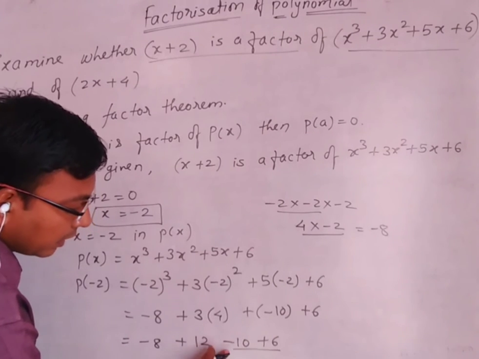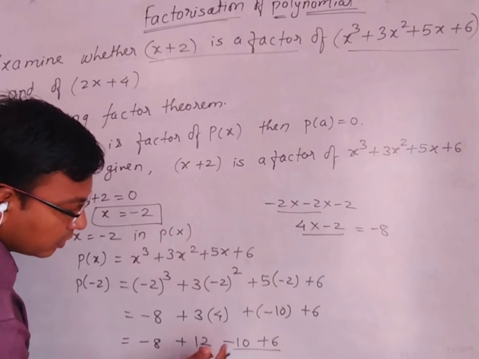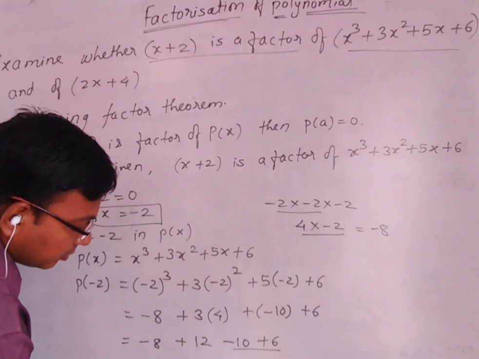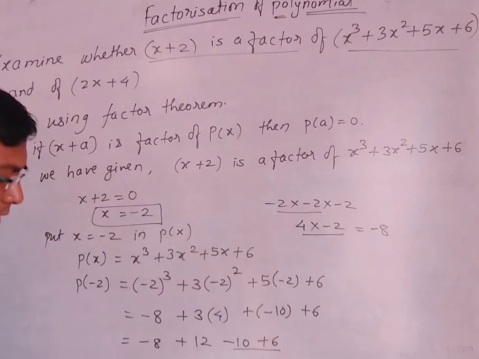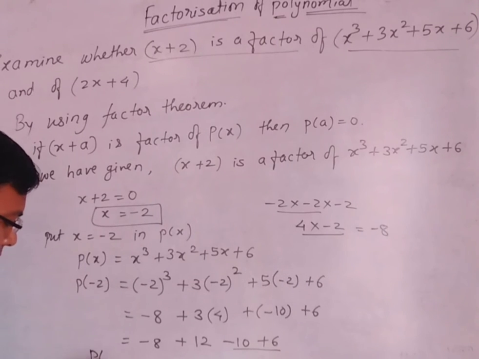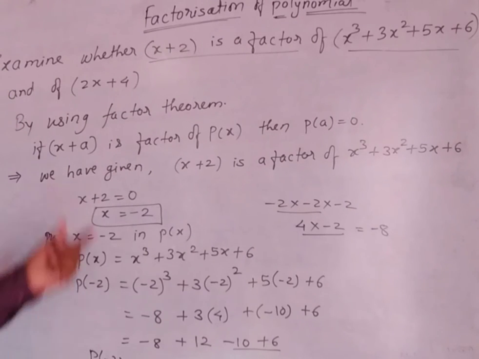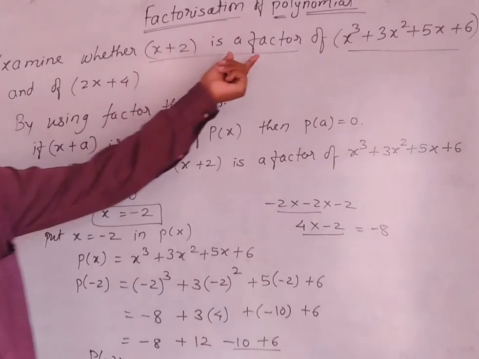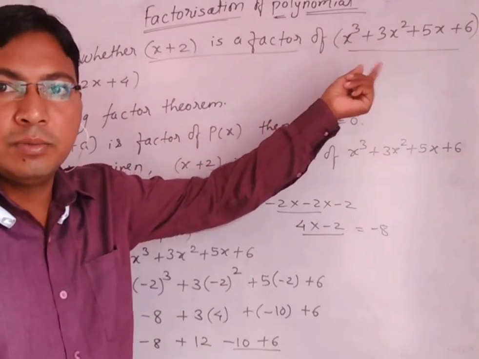Here minus 10 plus 6 is minus 4. Plus 4 and minus 4, answer will be 0. Therefore, p of minus 2 is equal to 0. That means x plus 2 is a factor of this polynomial.